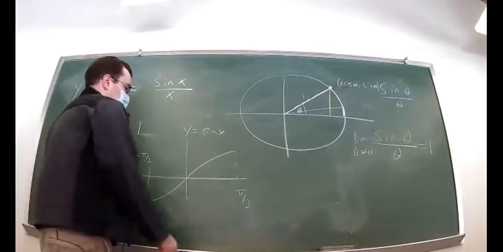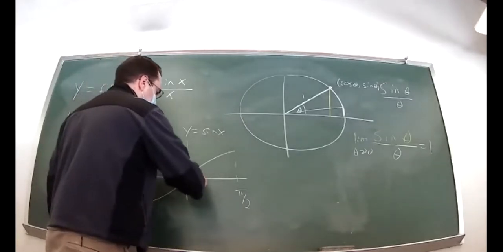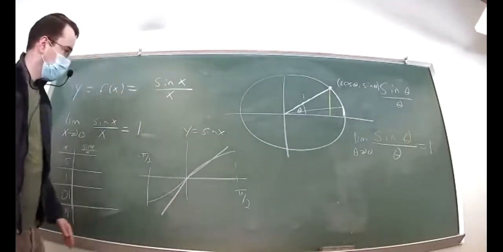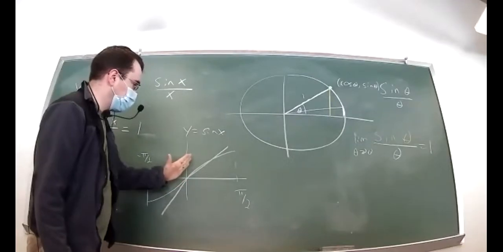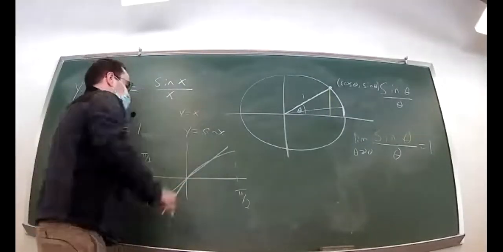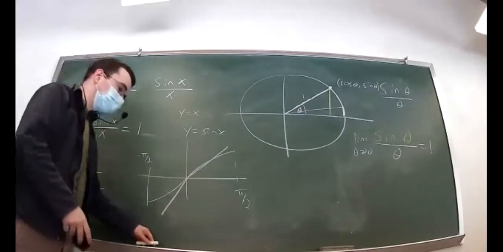Therefore, the line through the point 0, 0 with slope equal to 1 shows that the tangent line to sine of x is just the straight line y equals x. We'll learn more about that in subsequent classes.